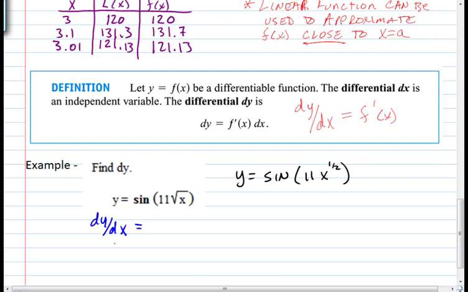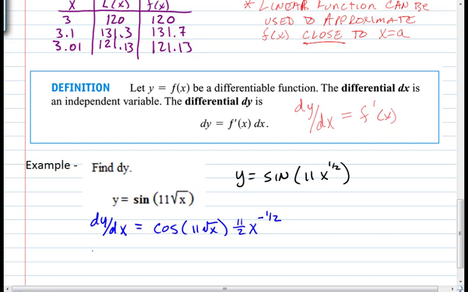So dy dx is equal to what? Cosine of 11 square root of x times 11 halves x to the negative 1/2.